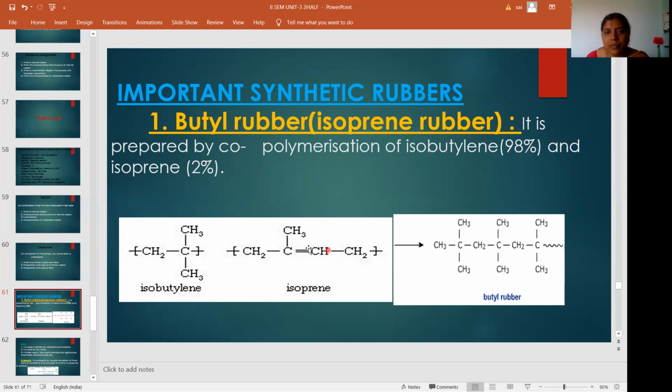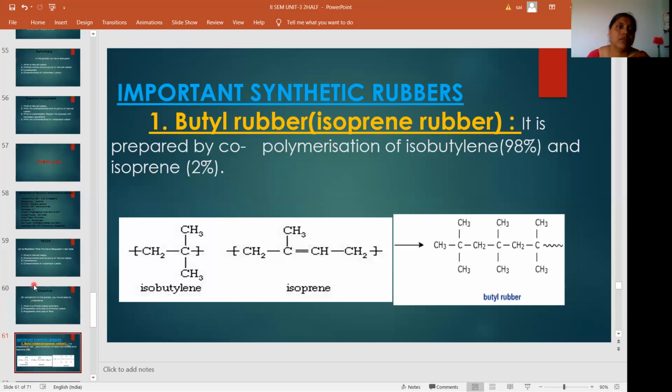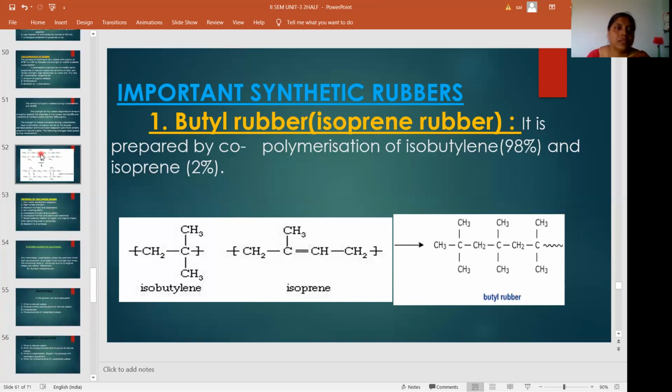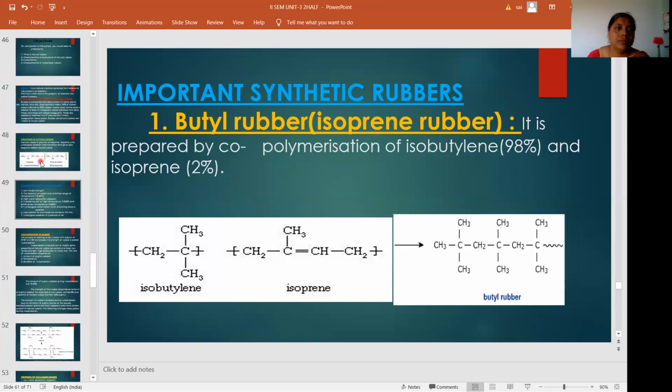So the isoprene molecule and isobutylene undergo copolymerization and you get butyl rubber, or isoprene rubber.